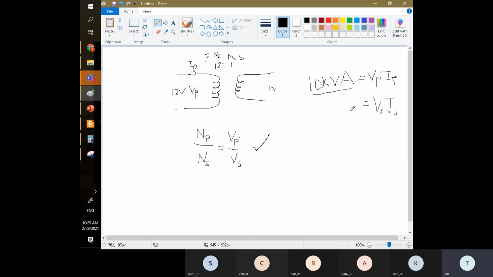This power can transfer from the primary to the secondary. Even though the voltage and current may be different, the total power should be the same. This 10 kVA can transfer from primary to secondary, still 10 kVA. There are only some losses in between, but the losses are not mentioned here, so we assume the losses are 0.